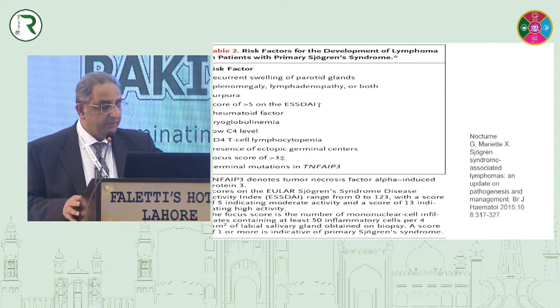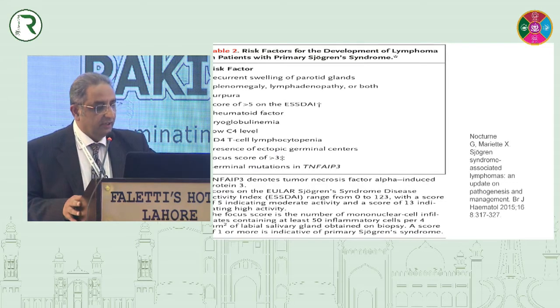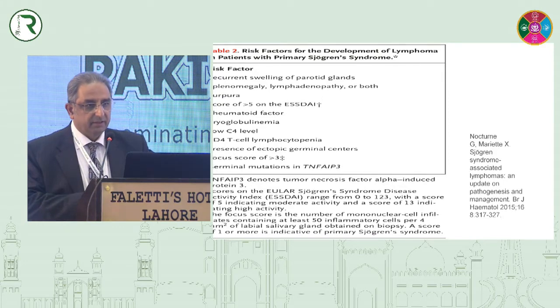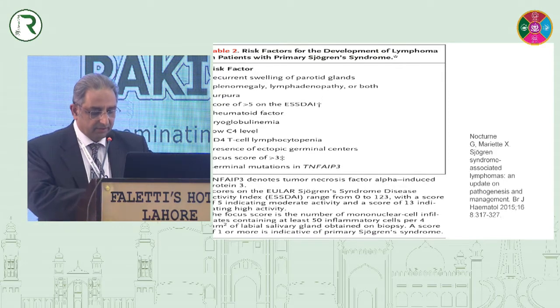The last three criteria are biopsy features: presence of germinal centers, a focus score of more than 3, which I'm going to explain, and mutations of the TNF alpha induced protein 3. These are all histological characteristics in a suspected case where the risk of lymphoma will increase.